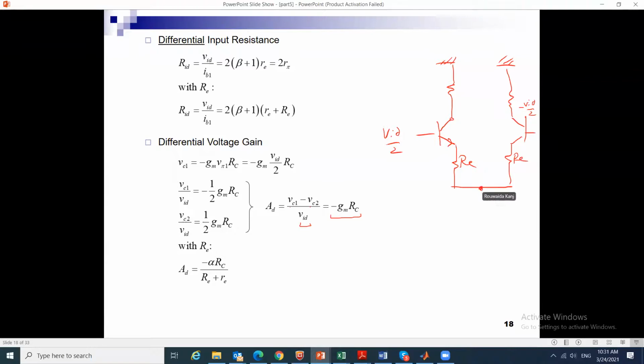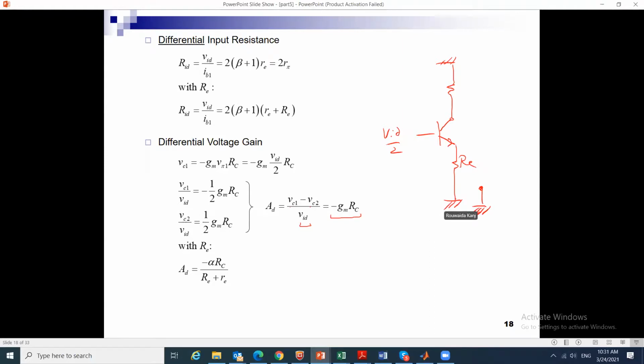In the differential mode, this node automatically becomes the virtual ground. So I will break my half circuit here, I will remove the other half circuit, okay? And now this node is really ground for me.